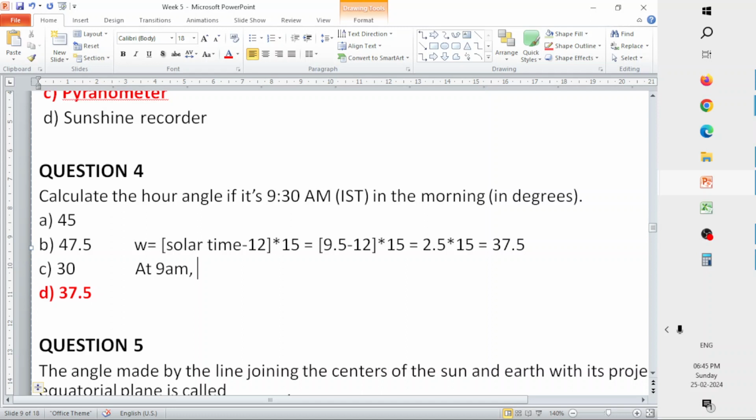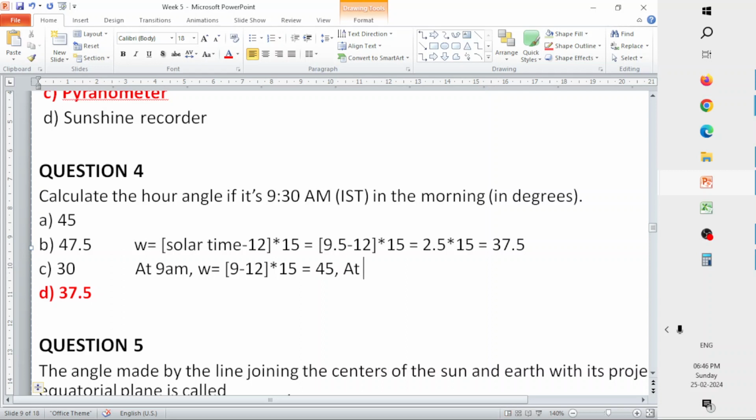So here again omega is (9 minus 12) into 15. 9 minus 12 is 3, 3 into 15 is 45 degrees, positive, because 9 is in the morning hours, and for morning hours the sign convention is that the hour angle should be positive.